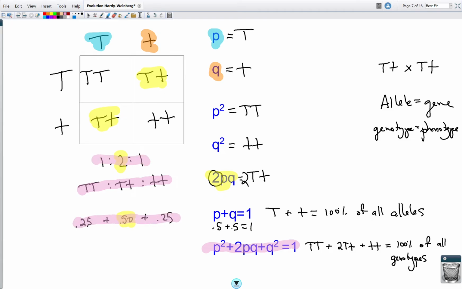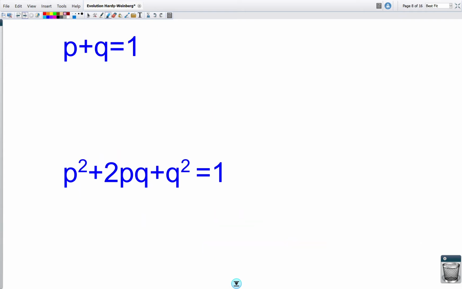They're all related. And so these equations will always be given to you on a reference table. There's nothing to memorize. You just have to learn how to plug and play. That's the important part of this. So again, to review, this is the allele equation.